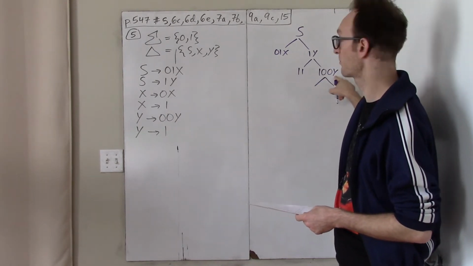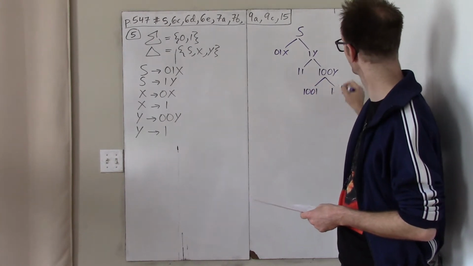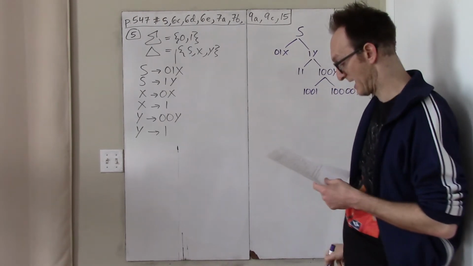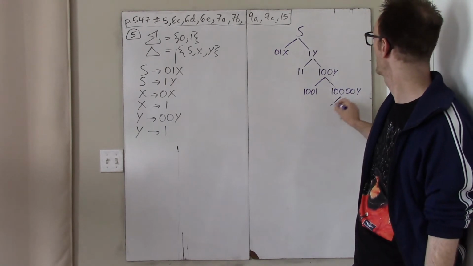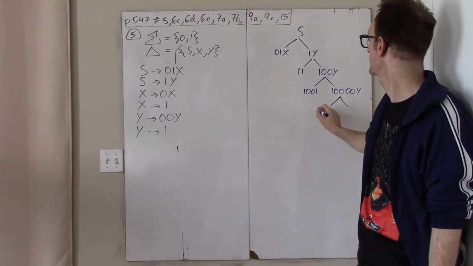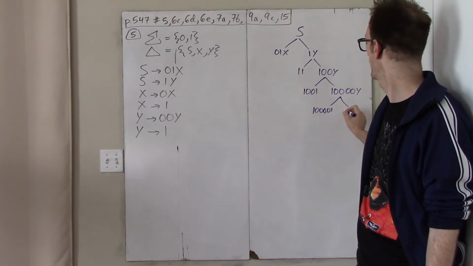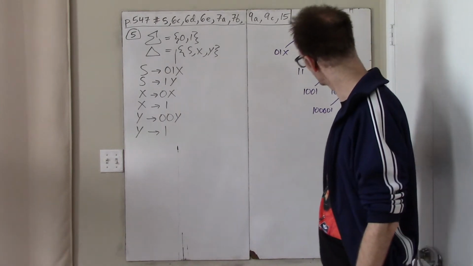Once again, I can replace that Y either with a 1 or with 00Y. It's now clear what's happening: at every branch, I replace that Y with a 1 or with another 00Y, giving six zeros and a Y, and this just continues.